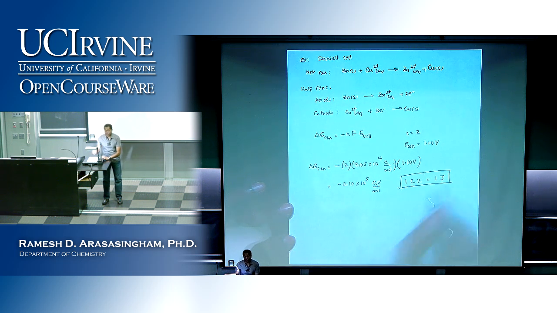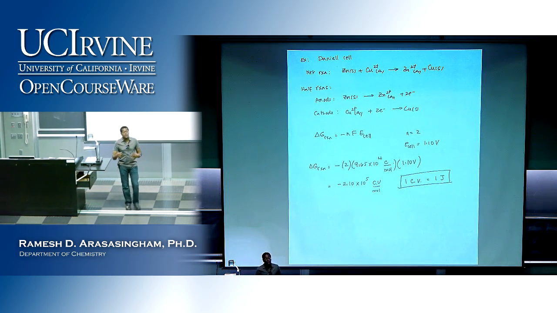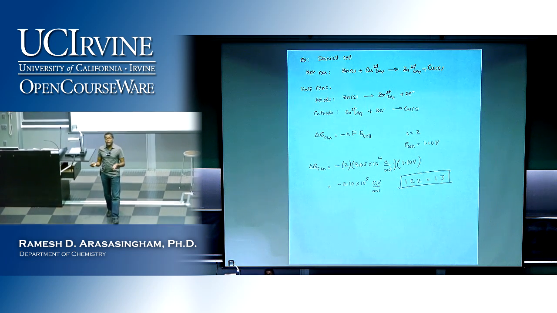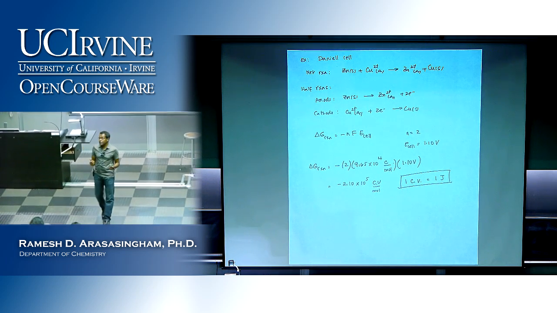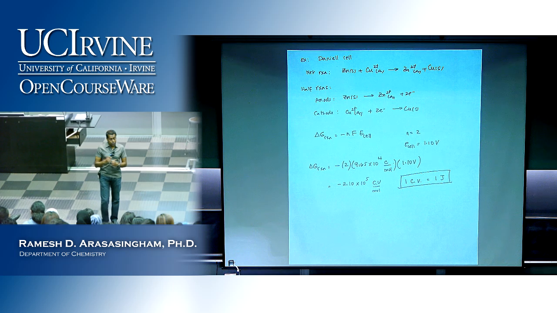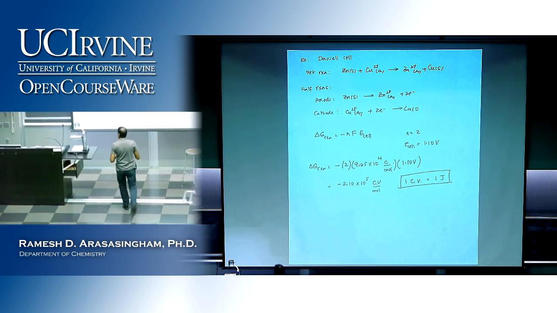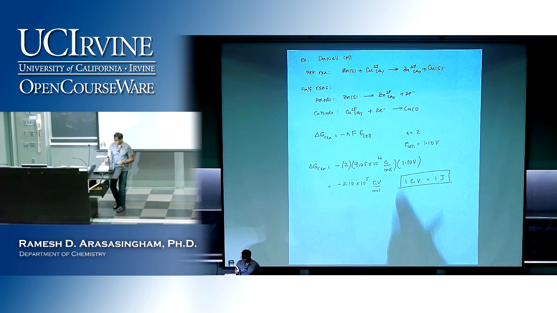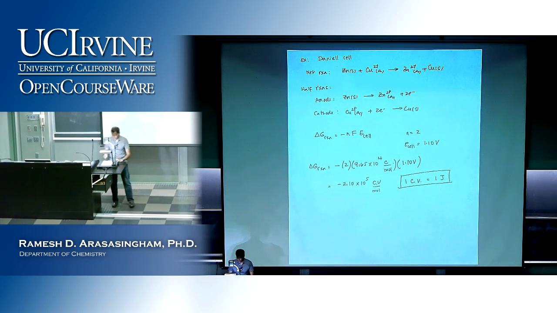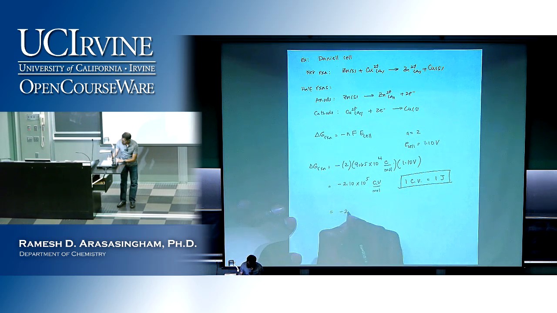Because remember, free energy is always given in terms of kilojoules per mole. So we have to convert to the SI unit for energy, which is joules or kilojoules. And the conversion from Coulomb volts to joules is that 1 Coulomb volt is 1 joule. So that means this equals negative 2.10 times 10 to the power 5 joules per mole.